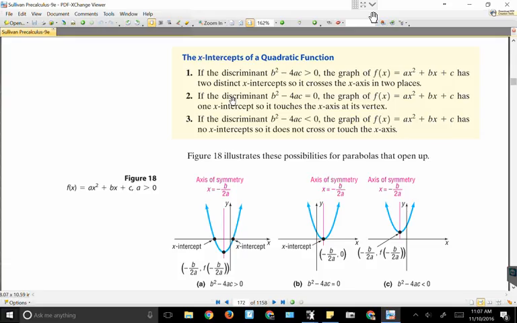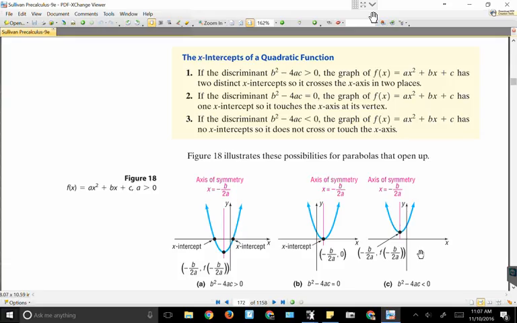But if I end up with a negative 4 there, what number can I multiply to get to a negative 4, that are two that are exactly the same? You can't. Nothing squared is equal to negative 4 unless you want to go to 2i. And that's an imaginary number, and we're not going there because we're only dealing with the reals. So if we get negative, that means it never crosses the x-axis.